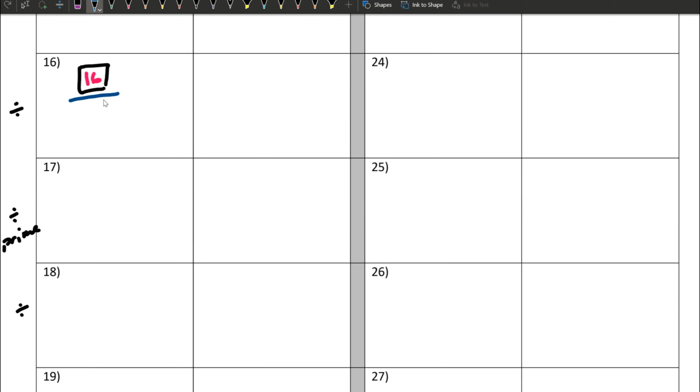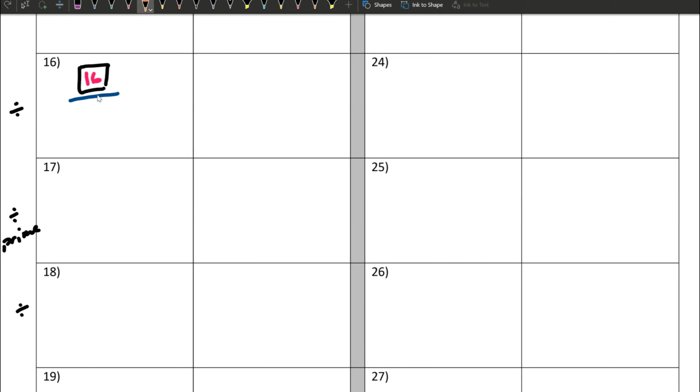So 16 divided by 2 is 8. 16 divided by 4 is 4. 16 divided by 8 is 2. And 16 divided by 16 itself is 1. So you have a choice of 2, 4, 8, and 16.